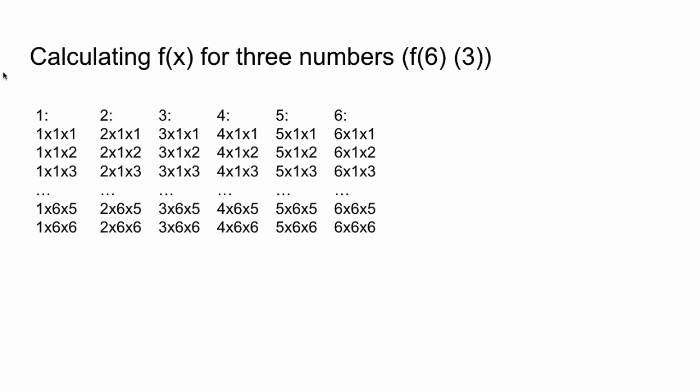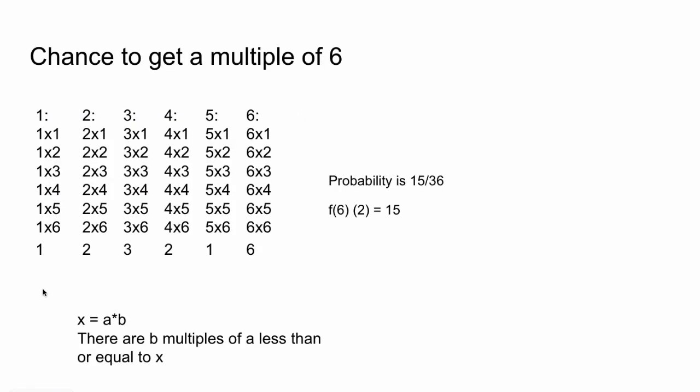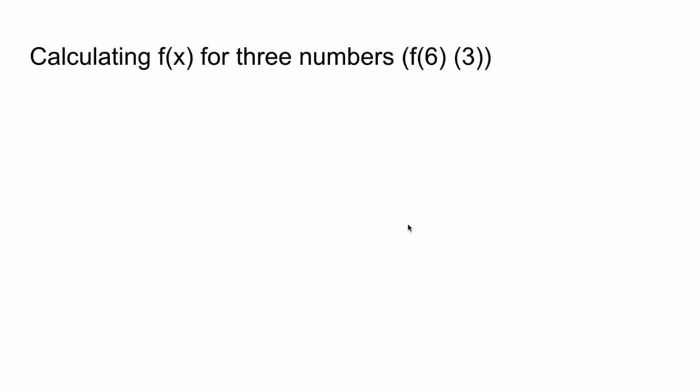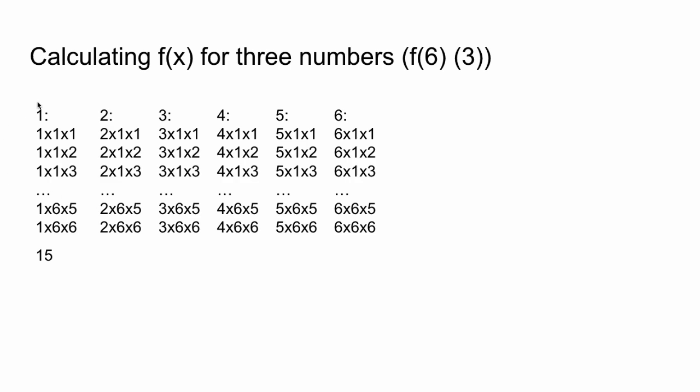Just looking at the first group here, multiplying all the numbers from 1 times 1 times 1 to 1 times 6 times 6 is just the same as multiplying all the numbers from 1 times 1 to 6 times 6, which is something that we did two slides ago, and we got 15. So we can say for sure that this first group is going to have a value of 15.